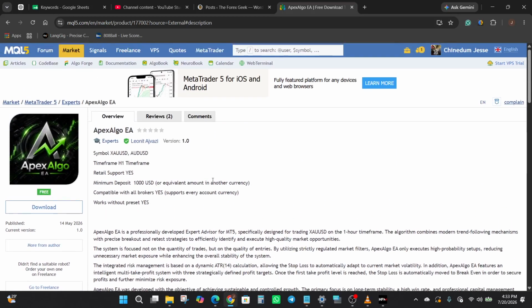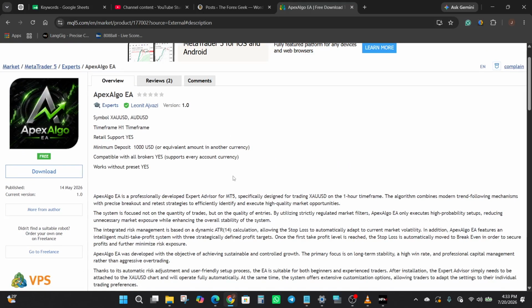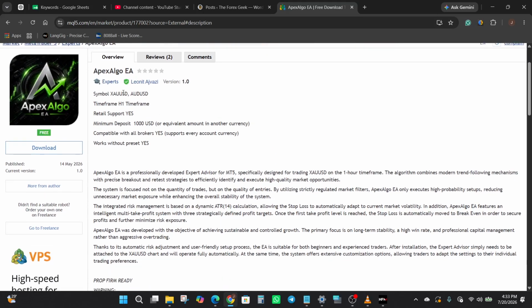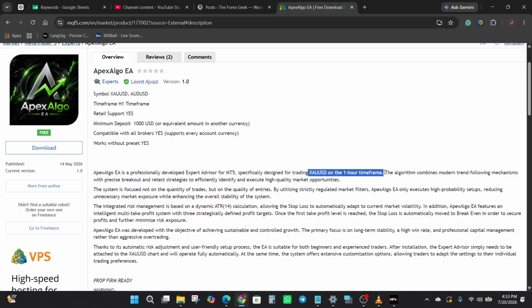It is specifically designed for MT5 and optimized for trading XAUUSD on the H1 time frame.